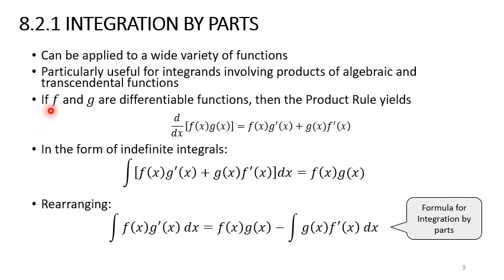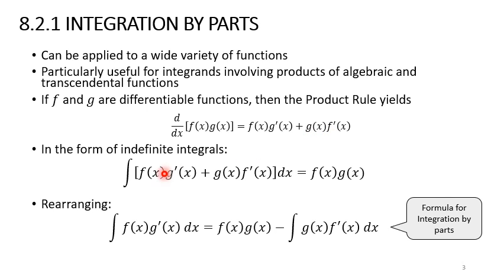So if f and g are differentiable functions, then the product rule yields this. You've seen this. If you have this product of two functions, f and g, and you want to differentiate the product, you keep f of x first and differentiate g, plus you keep g as it is and differentiate f.